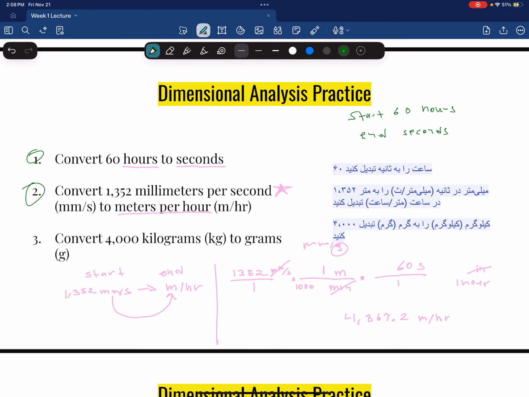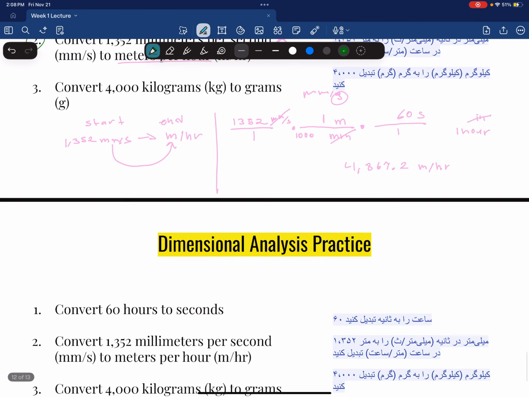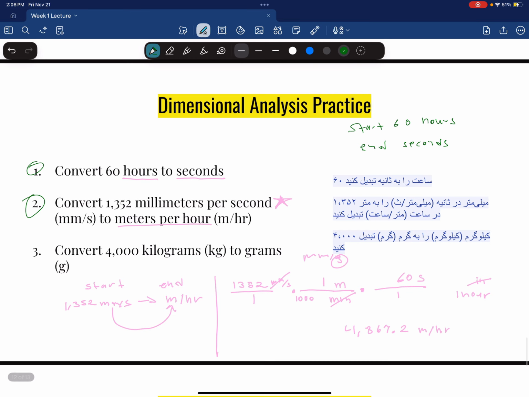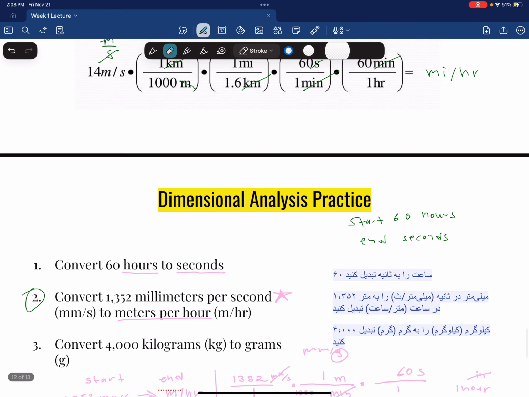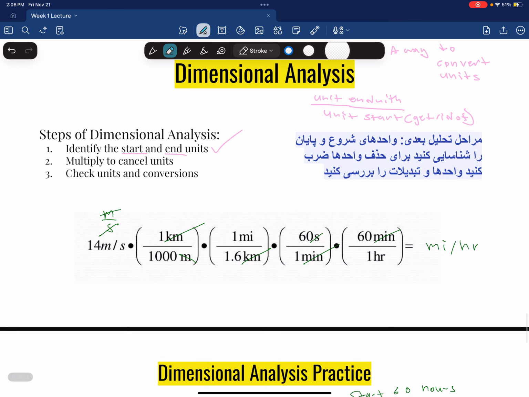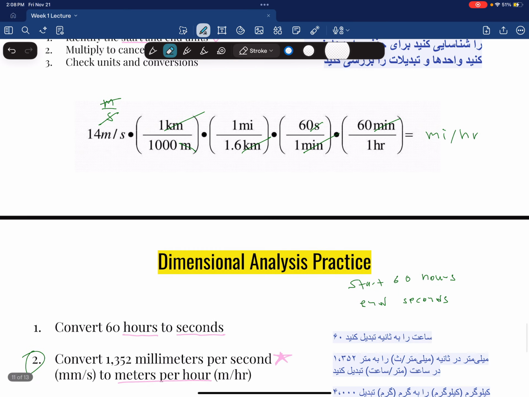We're going to do the hardest one, and if you can do this one, you can do all of them. So we're going to do number 2. We're first going to start with our first step: identify the start unit and the end unit.